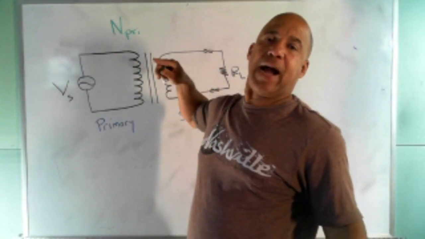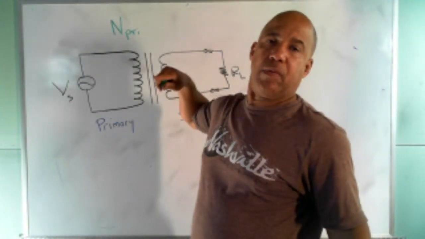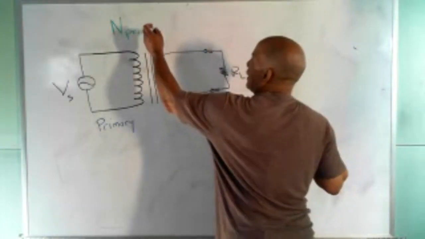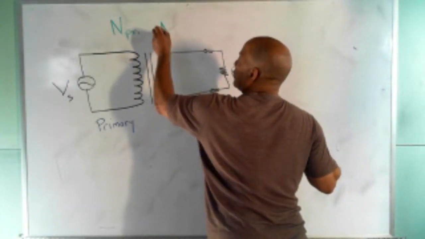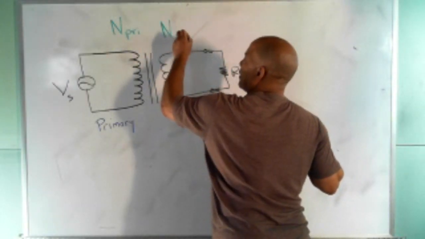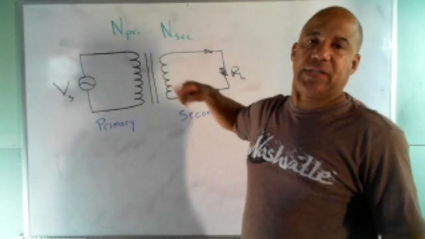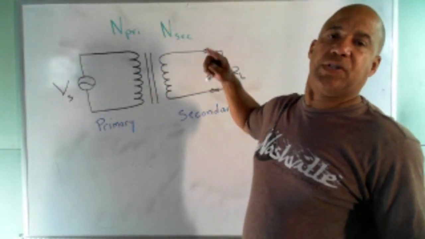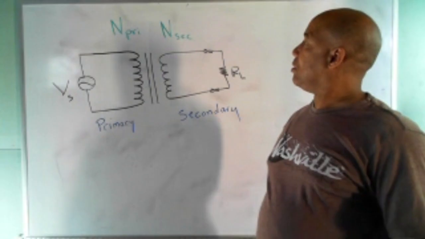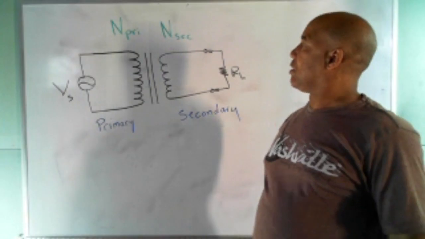And then there's N sec. N sec, or N secondary, is the number of turns on the secondary coil.